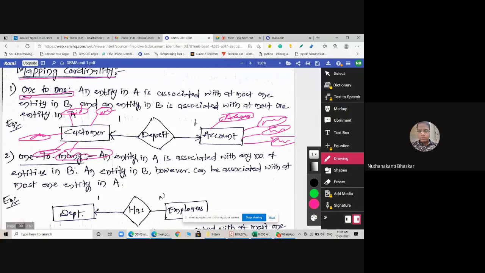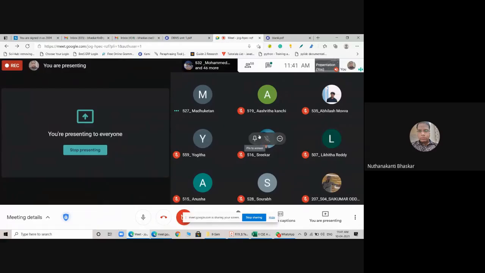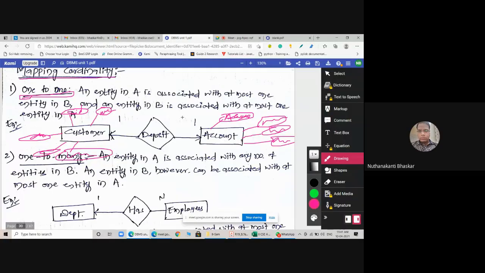Is this clear? Yes, sir. Clear, sir. Why are you taking more time to respond? Customer deposit into account. Here, one customer is depositing to one account, so this is a one-to-one cardinality.